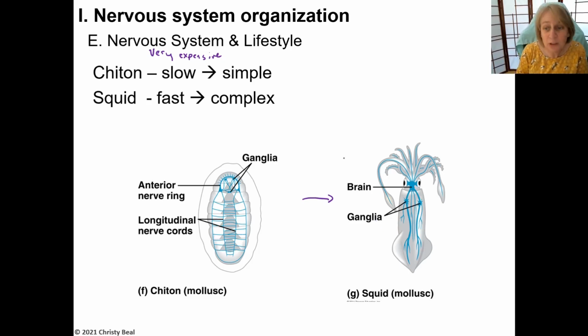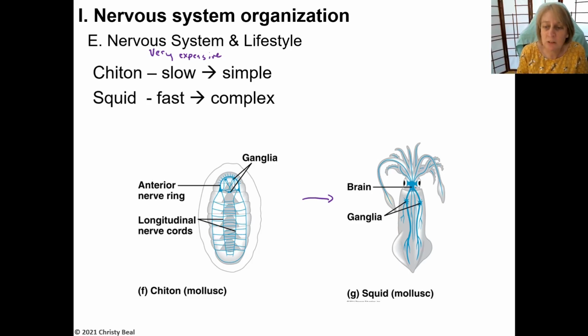A squid is also a mollusk. It's evolved to live in a very dynamic environment. It has to hunt. It has to avoid prey. Lots of things eat squids. It has to be able to perceive its environment. So this mollusk has a very complex, very expensive, energy-wise nervous system that allows it to respond very quickly and reproduce and keep itself alive when it lives in a fairly dangerous, fast environment.